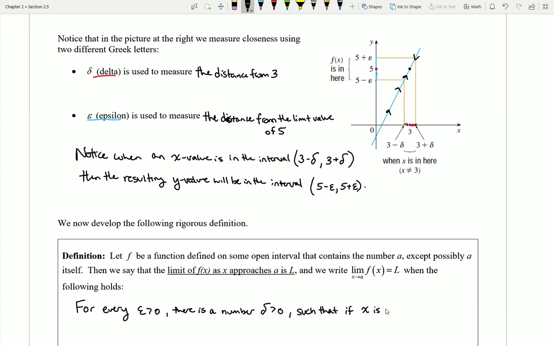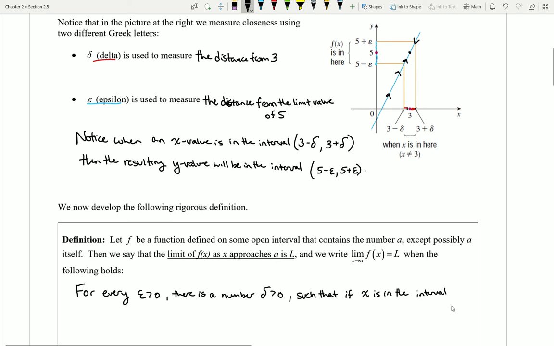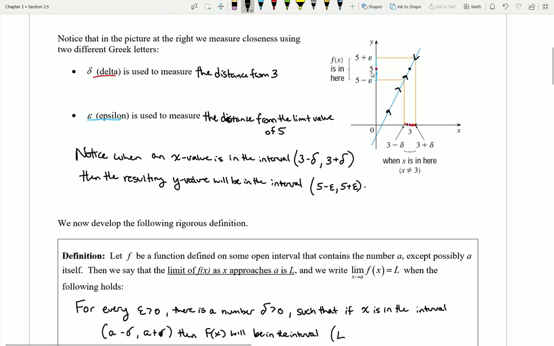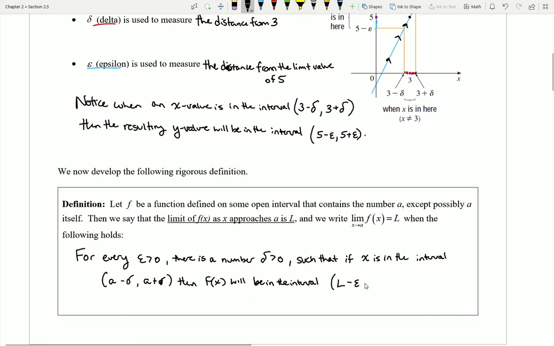if x is in the interval a minus delta to a plus delta, then f of x, the matching y value, will be in the interval of L, that is kind of like our 5, whatever the limit value is, minus epsilon to L plus epsilon.